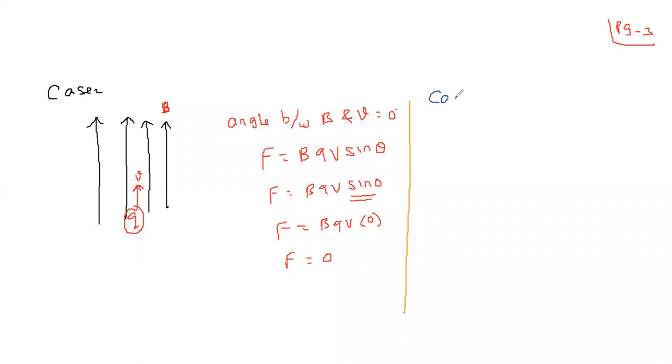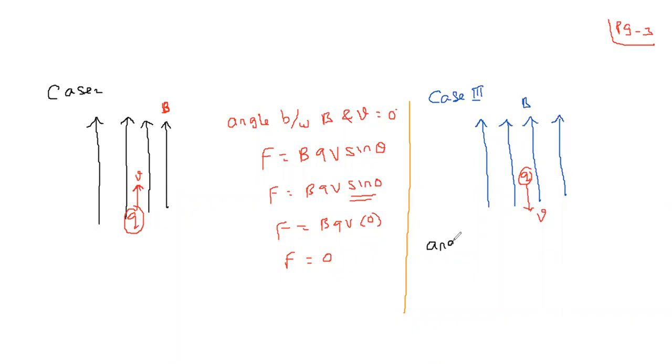It is case 3. Imagine the same magnetic field. And the charged particle is going opposite to the magnetic field with velocity v. Here, what is the angle between the magnetic field and velocity? 180 degrees, sir. Correct, 180 degrees.